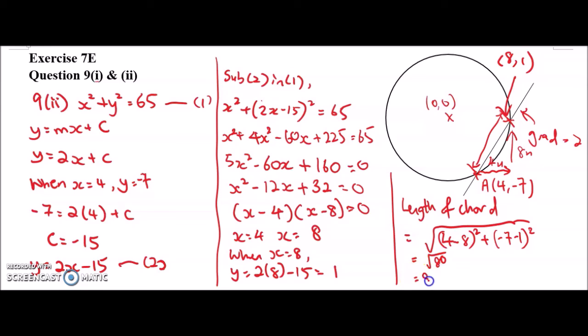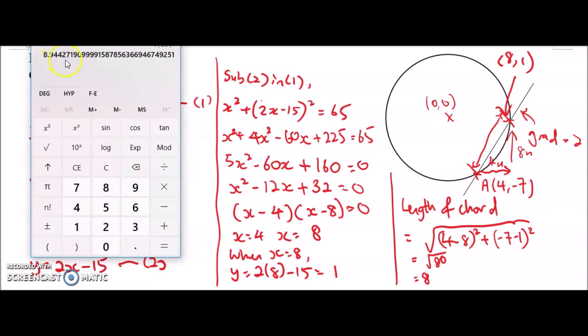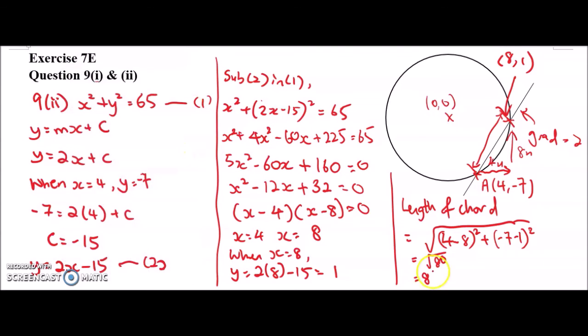In your calculator you will get 8.94427. Rounded off to 3 significant figures, you get 8.94 units.